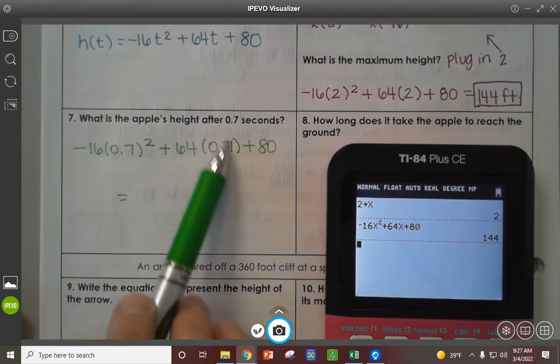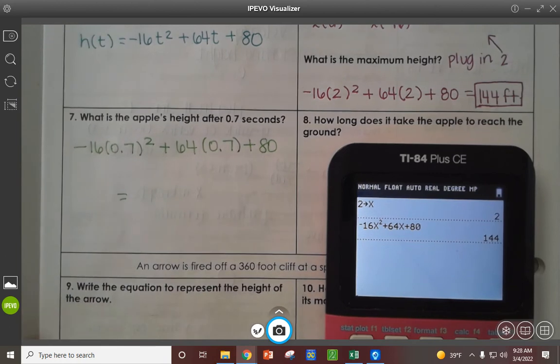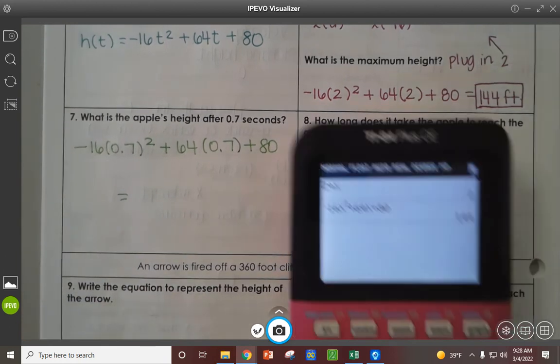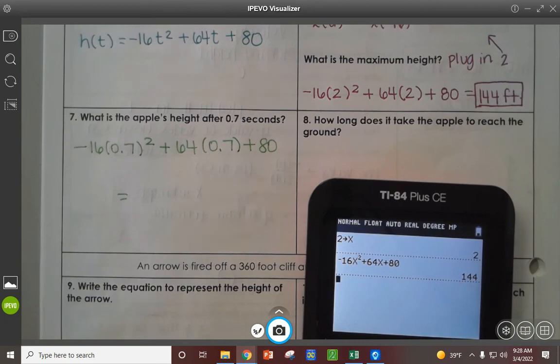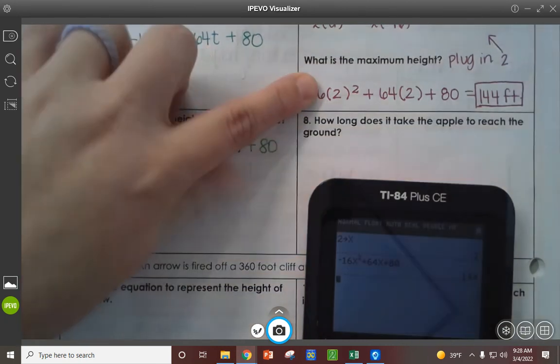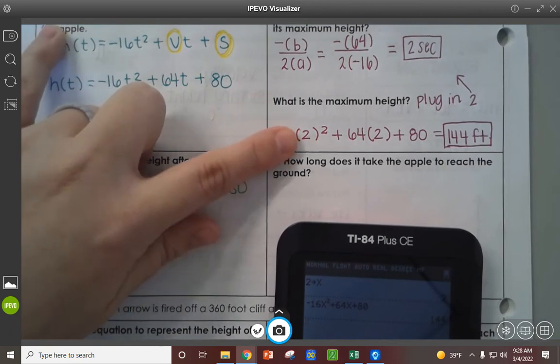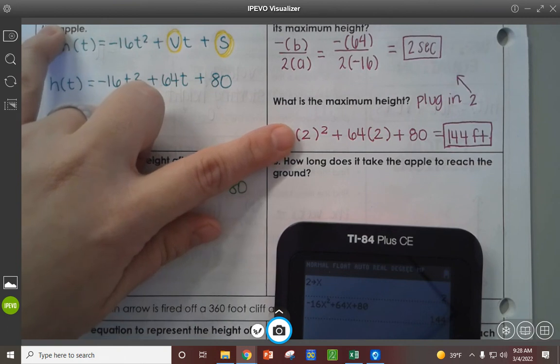Well, the T represents your time. So I'm finding a height at that specific time. So yeah, your time is going to change. That's why I gave you that stuff at the beginning, so you know what to do where. Like this one, I put a 2 in because I wanted to know the maximum height happened at 2 seconds. So that's why I plugged in a 2.